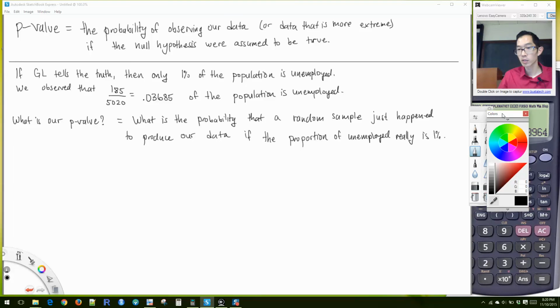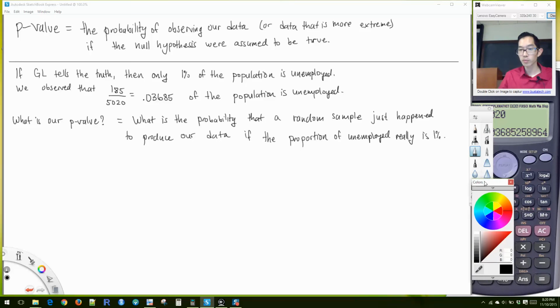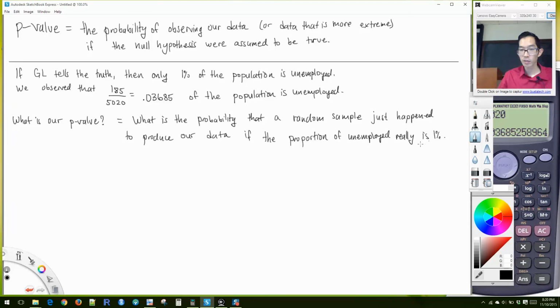So what's the probability that we get this sample of 0.03685 if the proportion is just 1%? Do we know how to get this answer? Can we do this calculation?